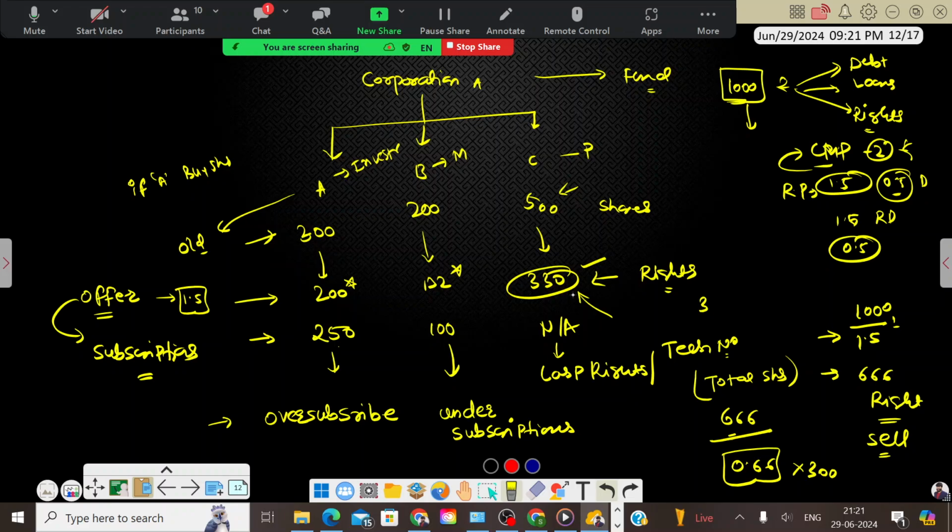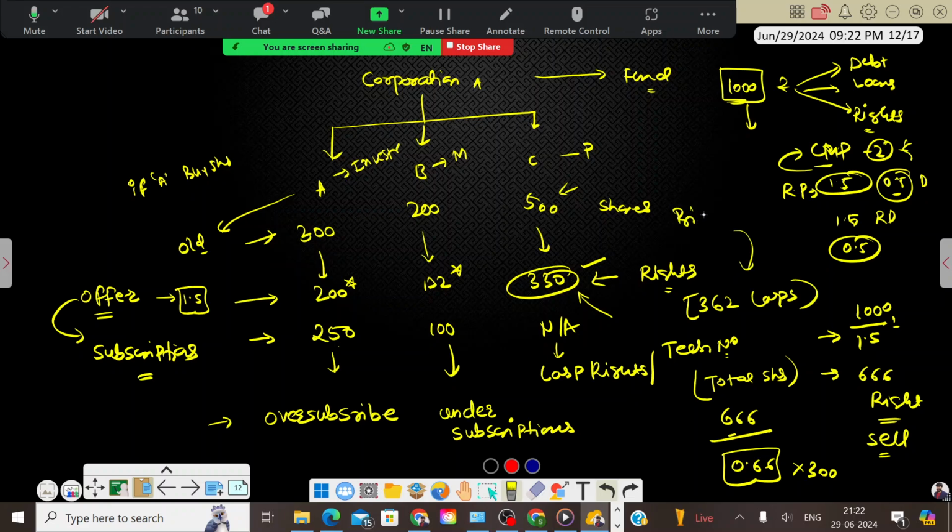I believe we have missed some calculation, because 200 and 130, okay, that's my bad. The calculation is right. So 330 shares will lapse, and here out of 130, 32 shares will lapse. So a total of 362 shares will lapse.